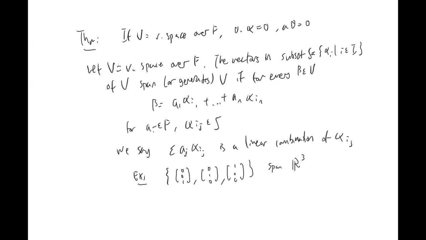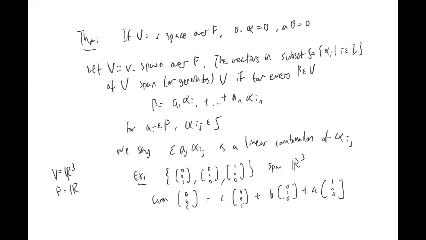In my case, V equals R^3, F is R. Because given any element in R^3, like (a,b,c), I could write this as c times (0,0,1) plus b times (0,1,0) plus a times (1,0,0).